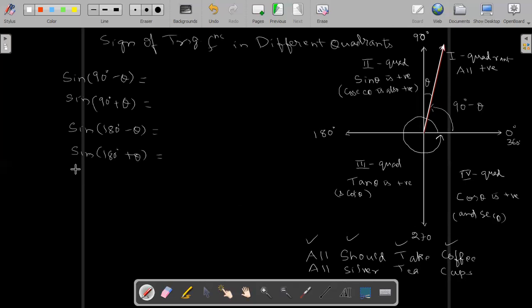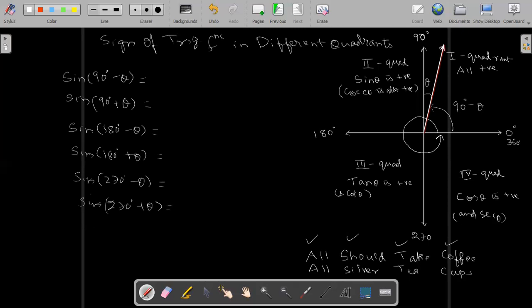Sine 270 plus theta reaches the fourth quadrant.